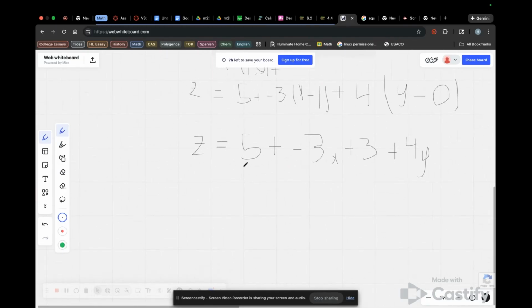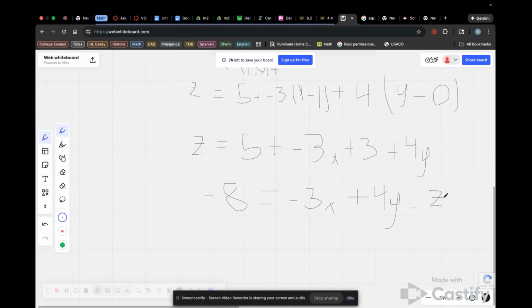Now rearranging this, we got negative 8. Just putting the 8 on the other side, it equals negative 3x plus 4y minus z, because we have to switch to the z as well.